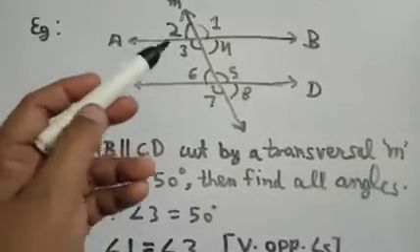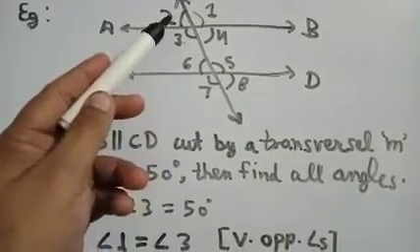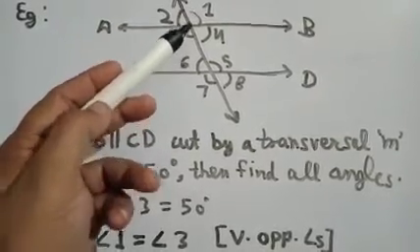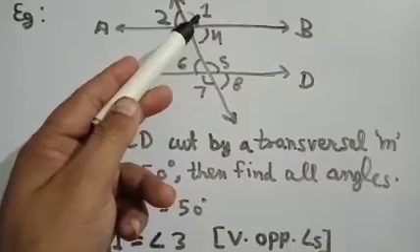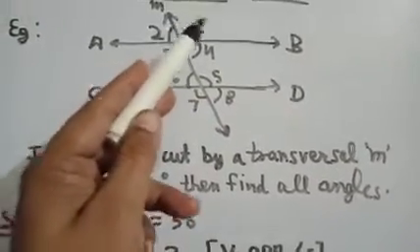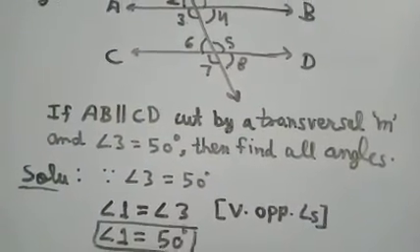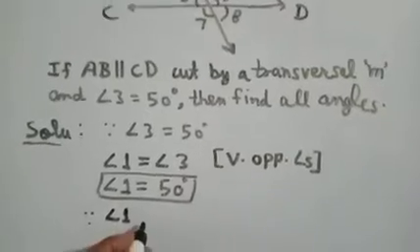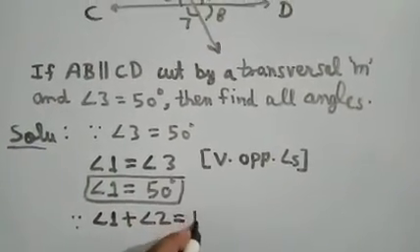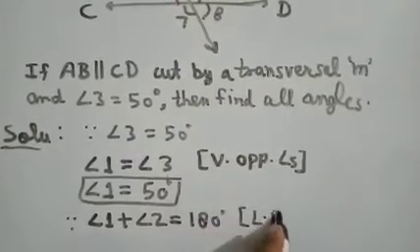Now again, what is the relation between angle 3 and angle 2? Because we have the value of angle 3, now we have the value of angle 1 as well. Angle 1 plus angle 2 is linear pair. Since angle 1 plus angle 2 is equal to 180 degree, linear pair.